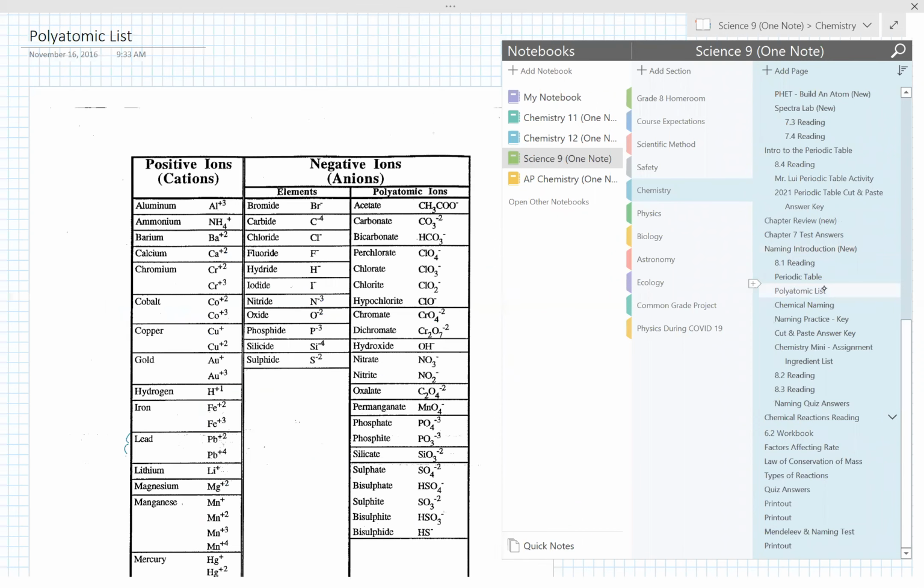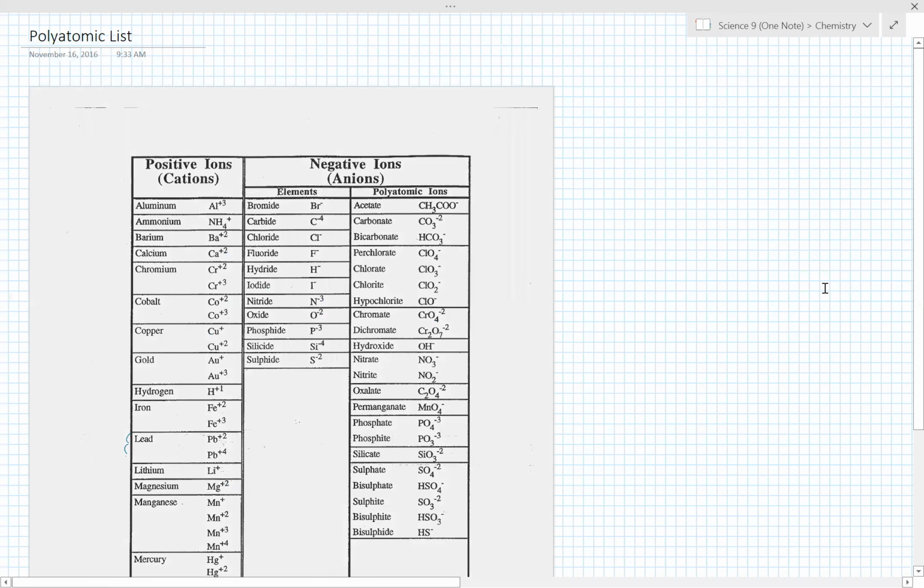You will notice this table here. It says negative ions, and it says here, oxide is -2. So that gives you the charge.